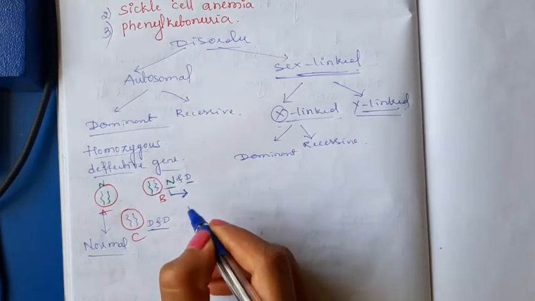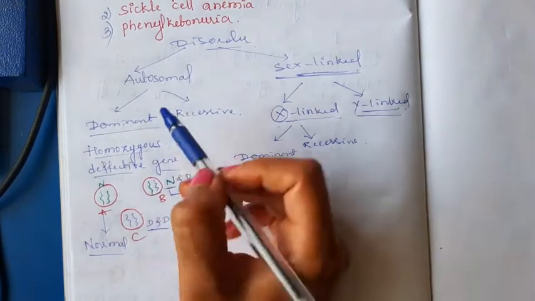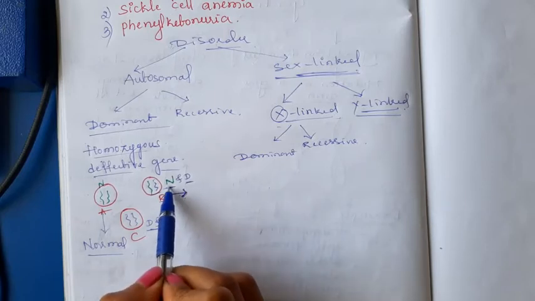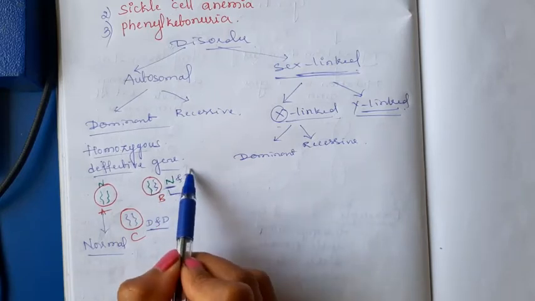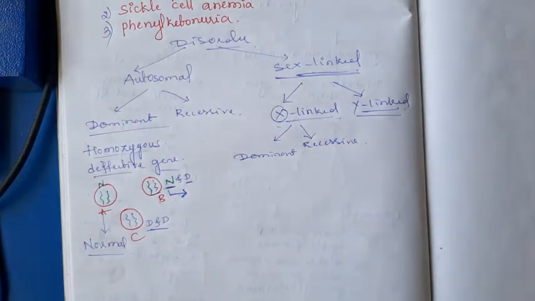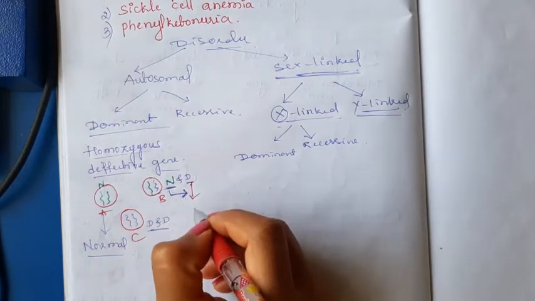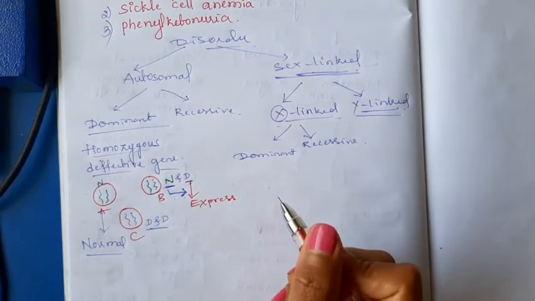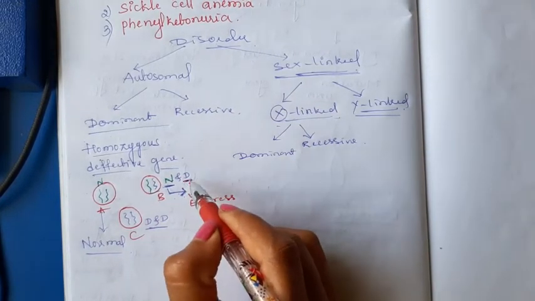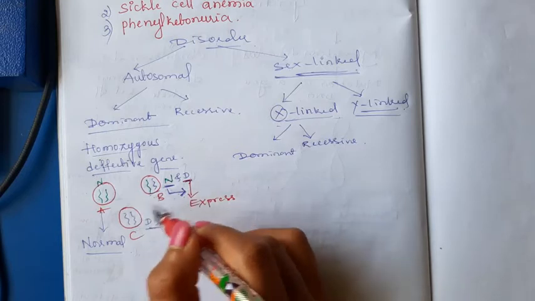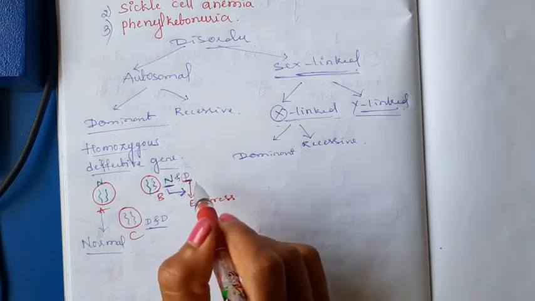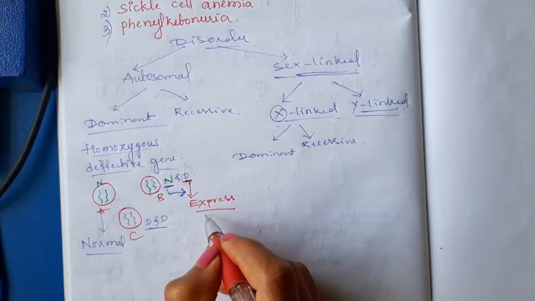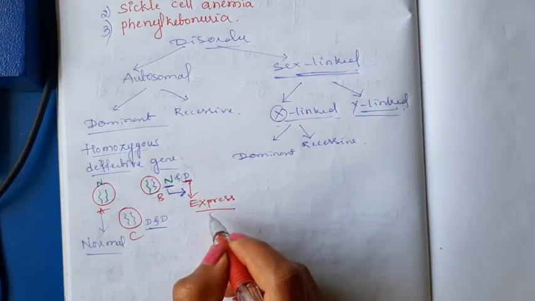In this case, we can say it is dominant, even though the normal gene is present along with the diseased gene, the diseased gene is going to be expressed. In some diseases, in the heterozygous condition also, the diseased gene is going to be expressed, which is known as a dominant disease.